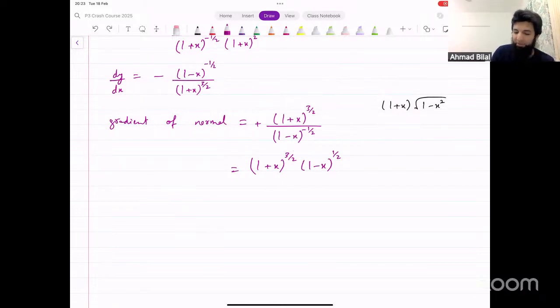We can split that into two parts. We can say this becomes 1 plus x power 1, and then we have 1 plus x power 1 over 2. I can write it as two separate parts like this.